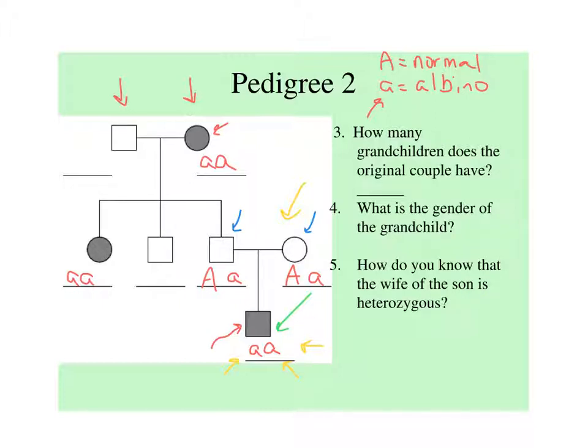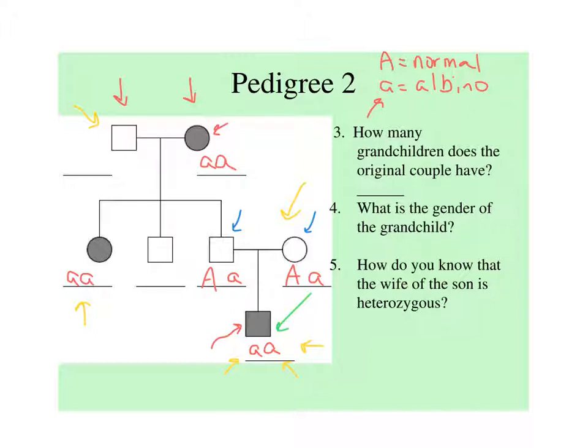All right, so now let's see if we can figure out this guy's genotype up here, the grandfather. Well, you can see one of his daughters, we know it's a daughter because it's a circle, has albinism, little a, little a. Well, where did she get those alleles from? Where do you think? Ding, ding, ding.